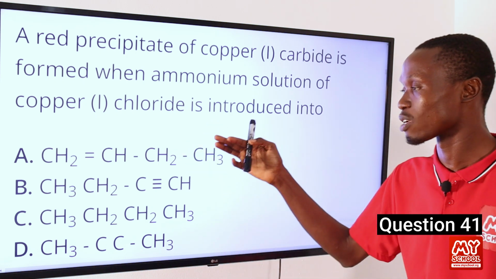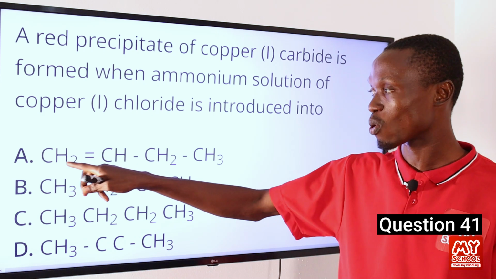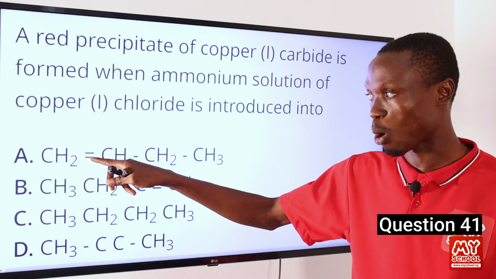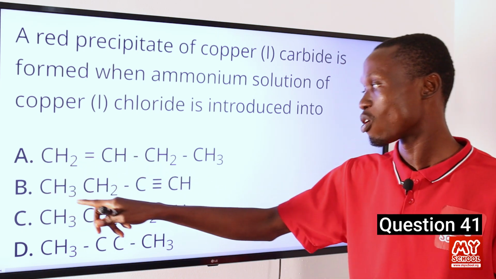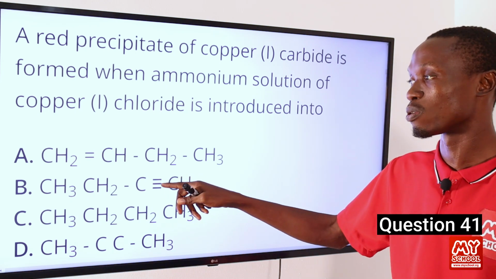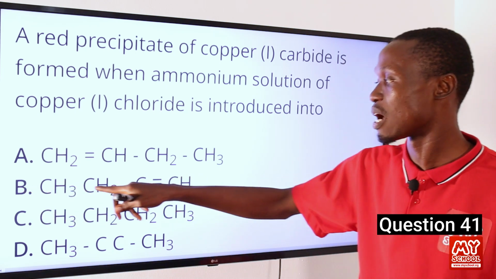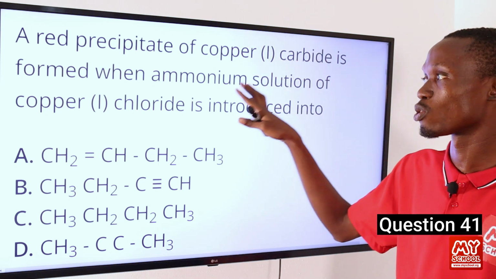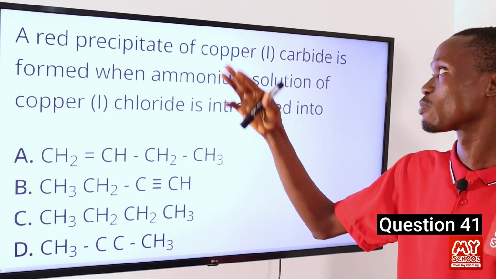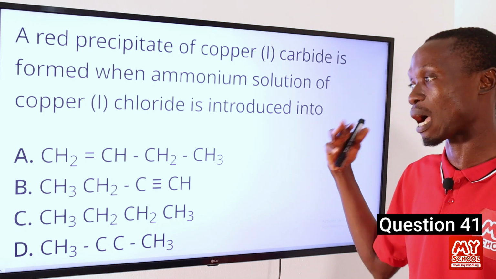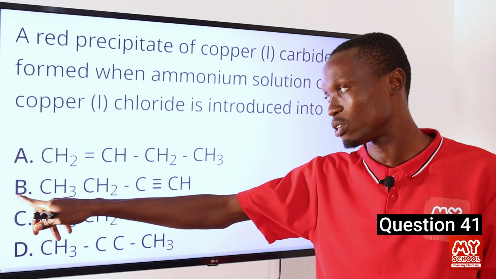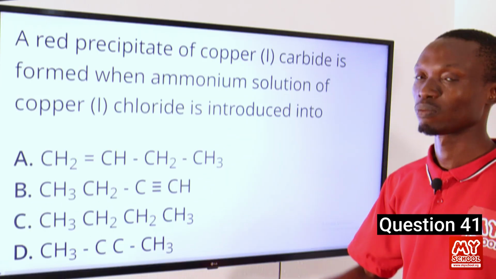In the options, option A is an alkene with a double bond, while option B is an alkyne with a triple bond. So only option B will react with ammoniacal solution of copper 1 chloride to form a red precipitate of copper 1 carbide. That makes option B the correct answer.